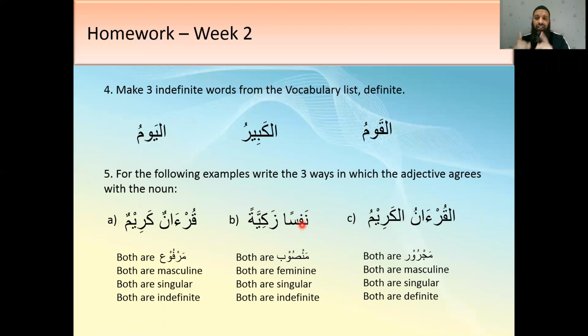But as long as you understand nafsan and you understand zakiyatan, job done. So both are feminine, both are singular, because we've only done singular words at the moment, and both are indefinite. They don't have the al. What does zakiyatan mean? Purified, tazkiyah. You know tazkiyah? Zakah, that word. Okay, zakiyatan is purified.